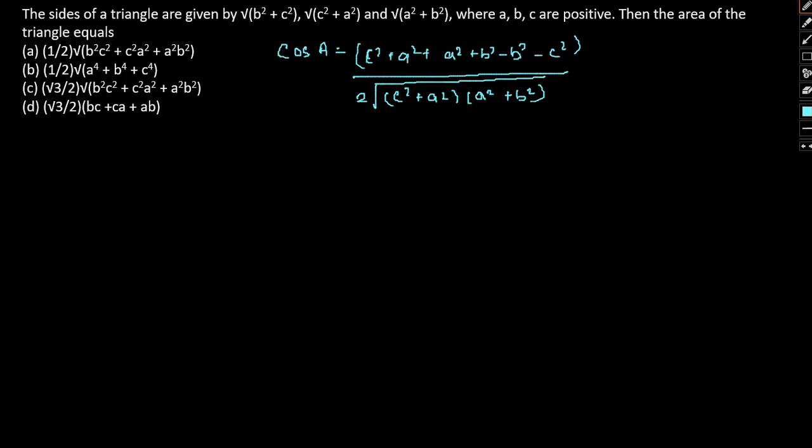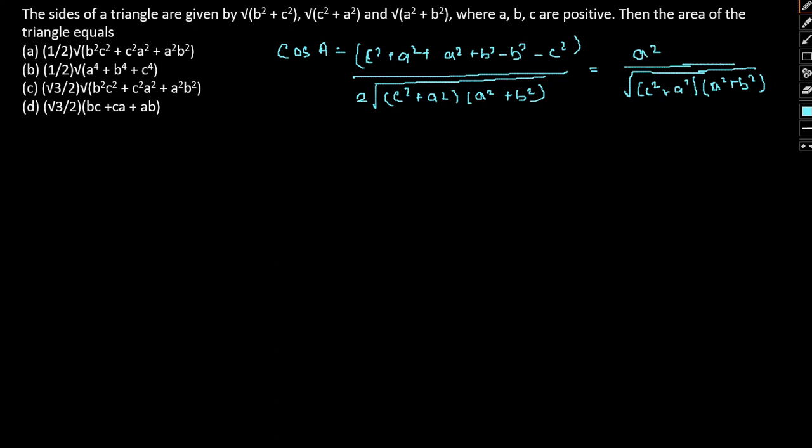Okay, so it can be written in this way, which is equal to a square by root under c square plus a square plus b square.